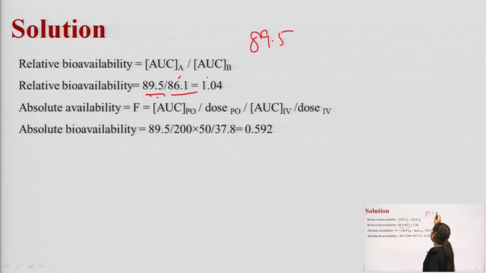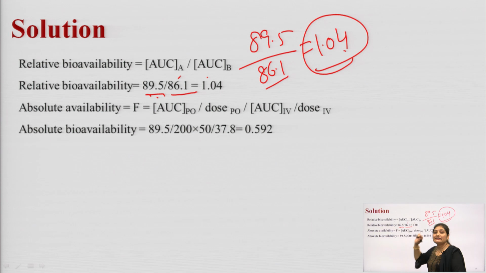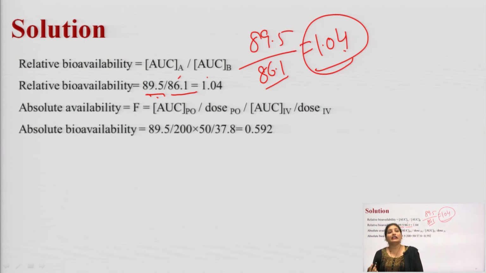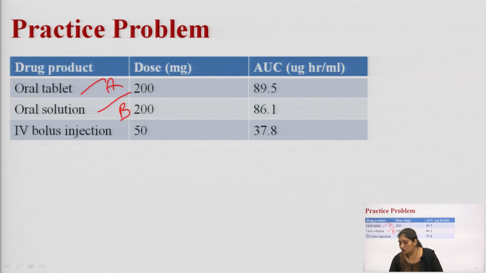After dividing 89.5 by 86.1, we will get the value of 1.04, and this is the value of relative bioavailability of the dosage form.